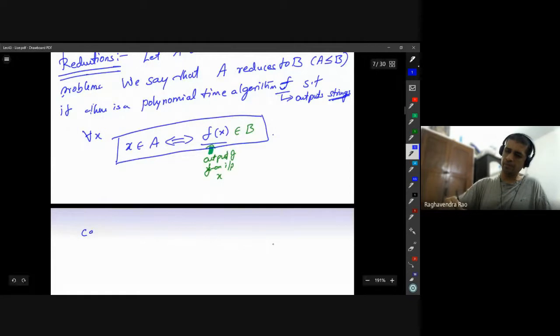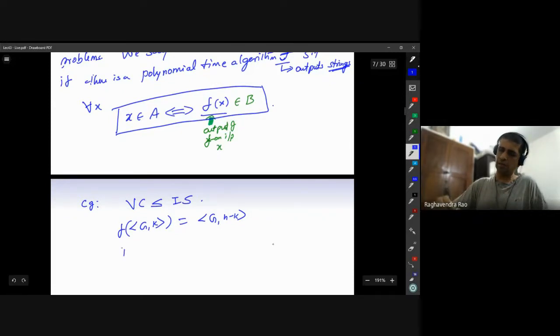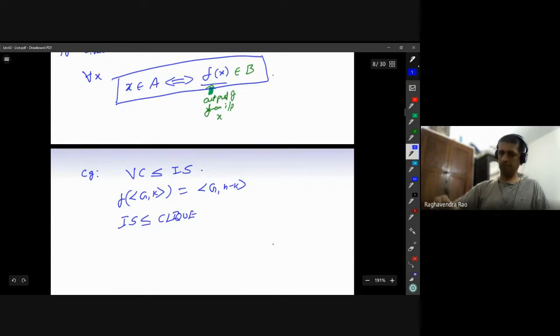So for example, vertex cover reduces to independent set. What is x there? x is (G, k), and f of (G, k) is (G, n minus k). Now independent set reduces to clique, f of (G, k) is (G complement, k).